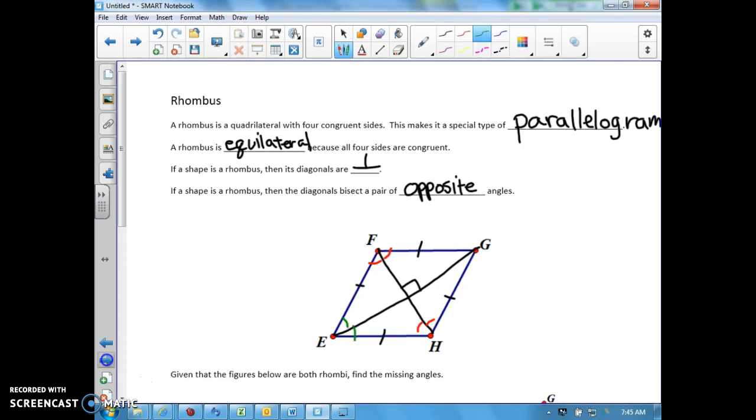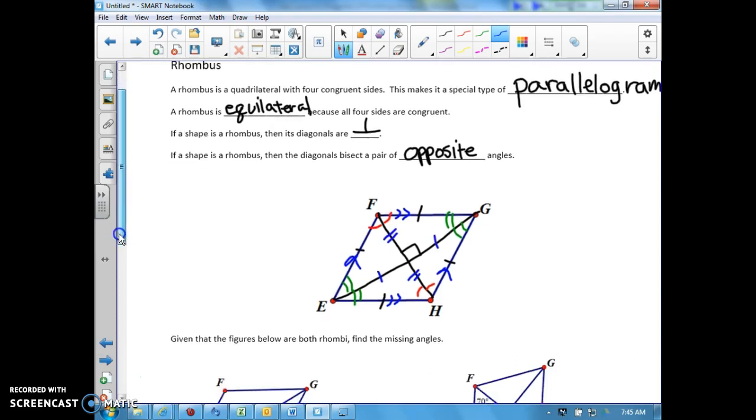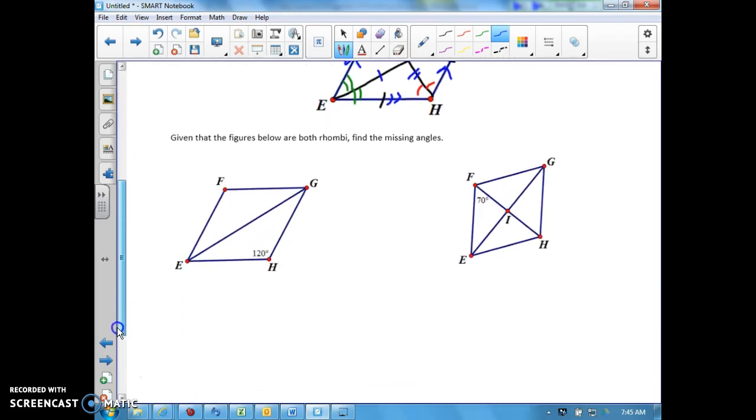And that would be the case as well. Okay. Remember, it's still a parallelogram, so all those cool things about parallelograms still exist. We still have that these are parallel. We still know that these pieces would be congruent, etc. Still know that the consecutive angles are supplementary.